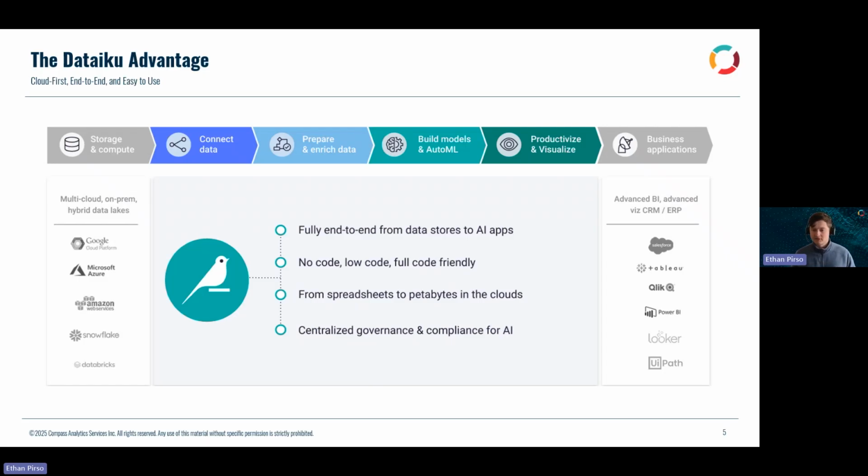From there, Dataiku excels at performing any last ETL and data prep before building and deploying your AI ML models. And of course, all of this is done in one platform with centralized governance. Finally, the output of your AI ML projects can be seamlessly connected to your end user business applications, such as Tableau and Power BI for dashboarding.